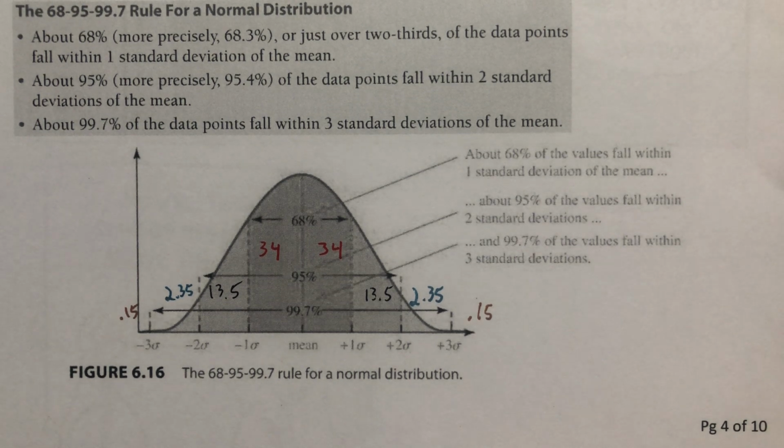Those percentages do not change. So I would recommend every time you see a normal curve, you go ahead and write the graph out. Put whatever the mean is in the middle, add up your deviations, and then put your percentages.